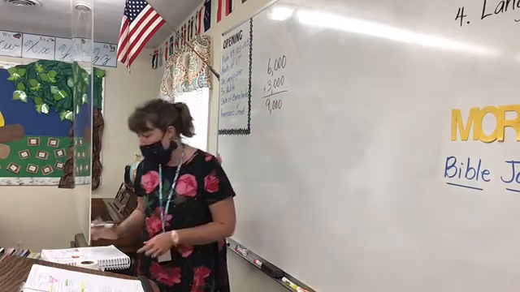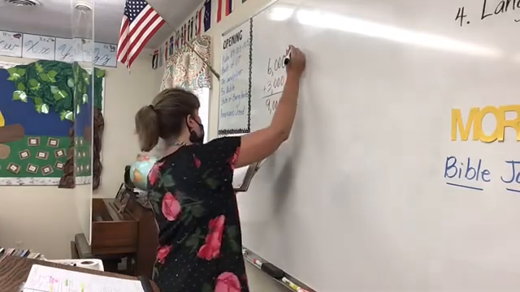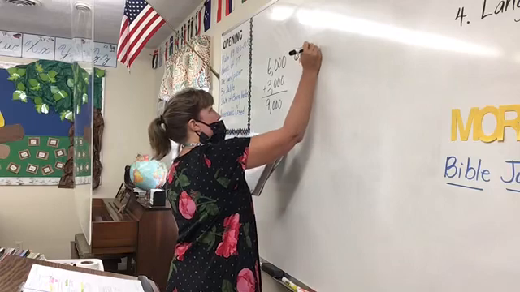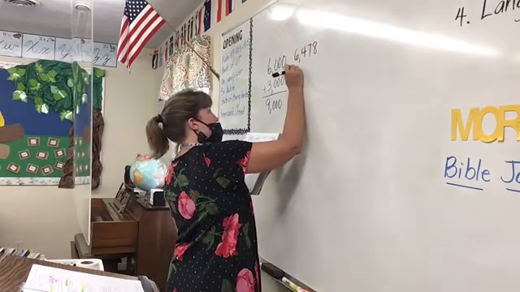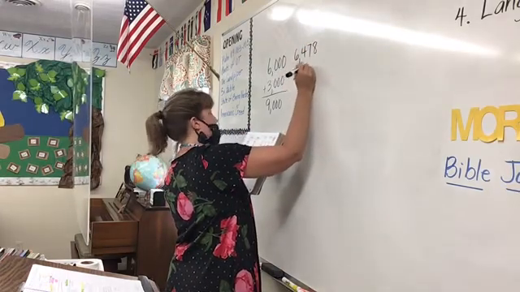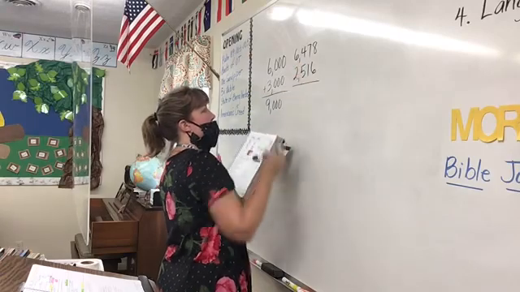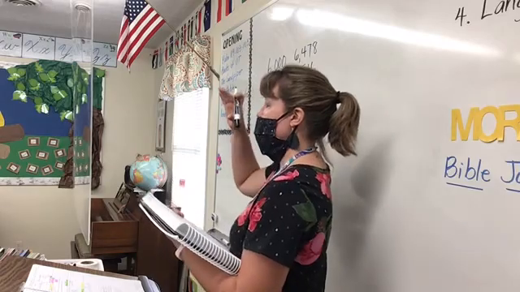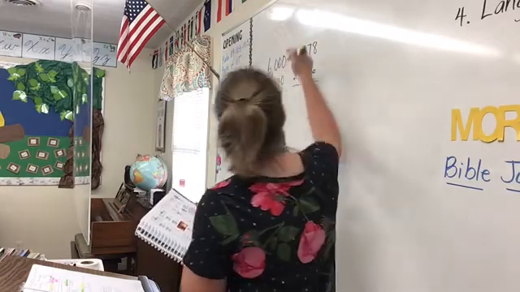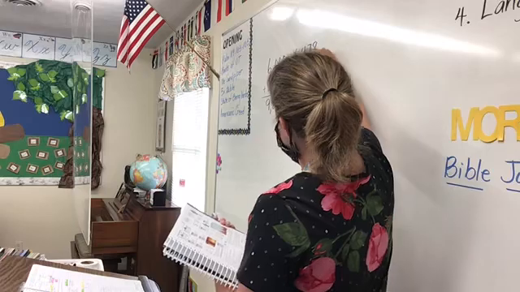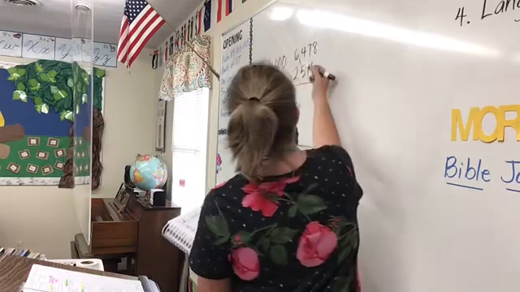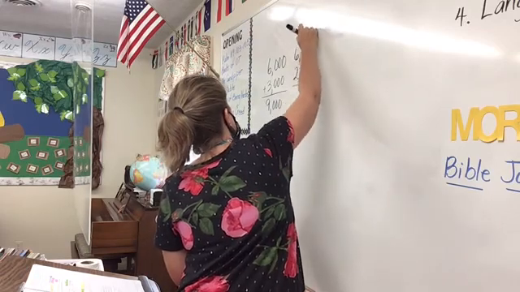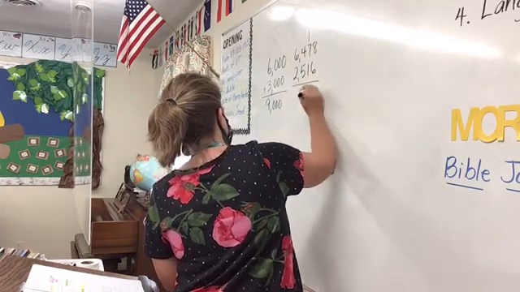And then we're going to add the exact digits. Remember to look for digits that add to 10, that make 10. It helps when you have 3 or more digits you're adding. So what is 8 plus 6? 14. So put your 4, carry your 1 to the tens place because we can't put the 1 here.